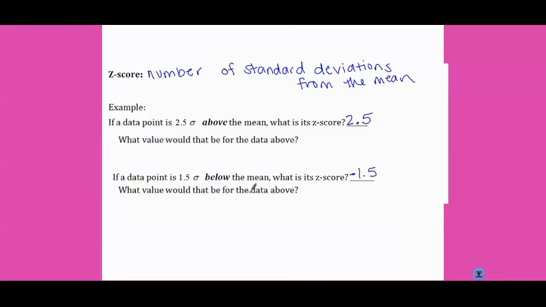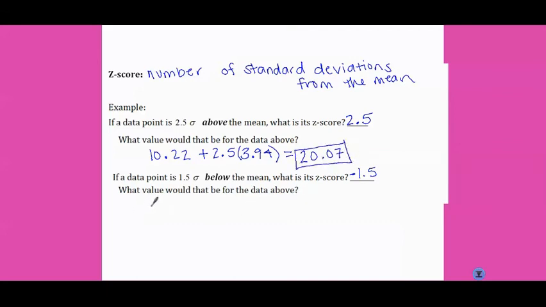So what would that value be for the data that we just had? Since we're going above or below the mean, we're going to start with the mean. Above, we'll add. We're going up 2.5, and then we'll multiply that with the standard deviation, so 3.9. And when we put that in our calculator, we get that it is 20.07.